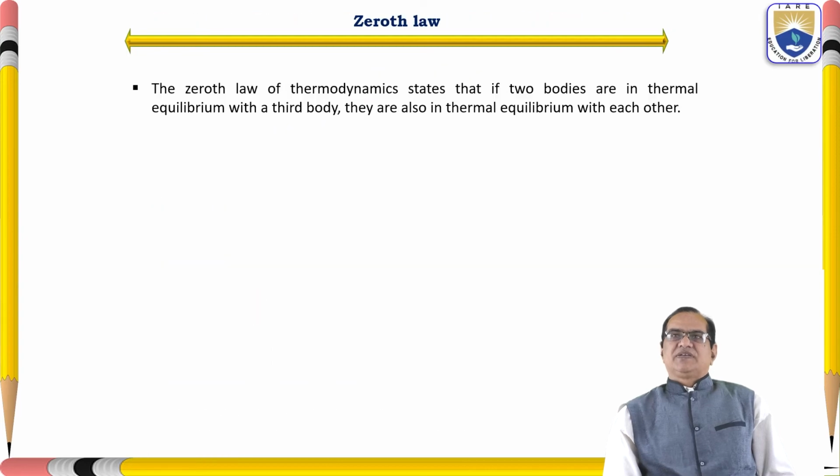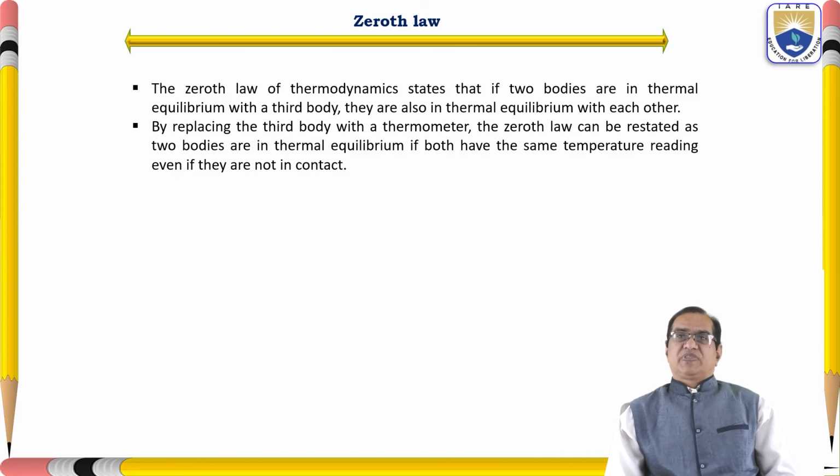Next is the Zeroth law. What is the meaning of the Zeroth law and where is it used? I have already discussed it in my previous classes. The Zeroth law of thermodynamics states that if two bodies are in thermal equilibrium with a third body, they are also in thermal equilibrium with each other.